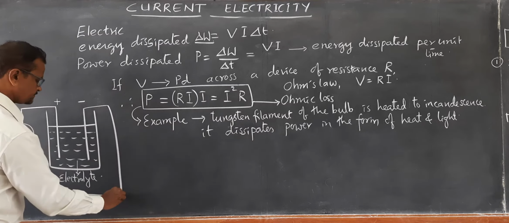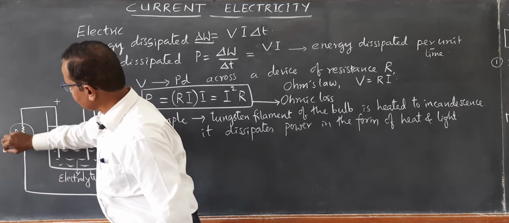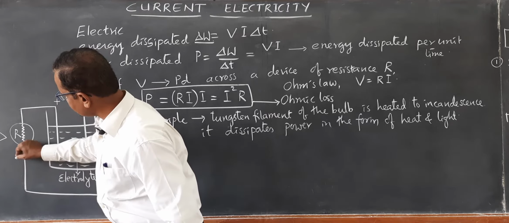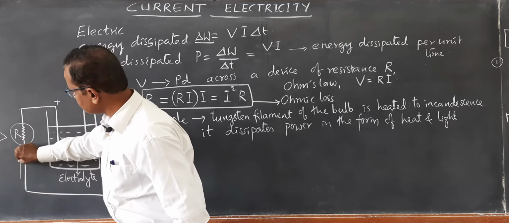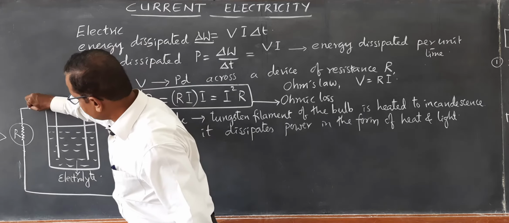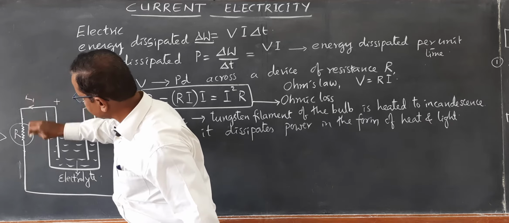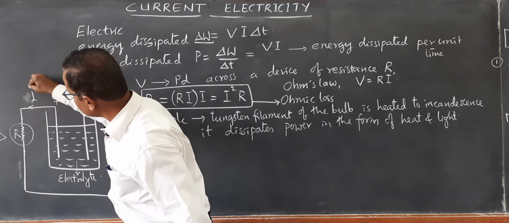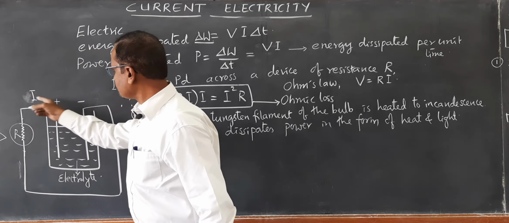When the circuit is closed, a potential difference V is applied across the ends of the bulb by this source, so that it allows a current I to flow from the positive terminal to the negative terminal, and the circuit is closed.